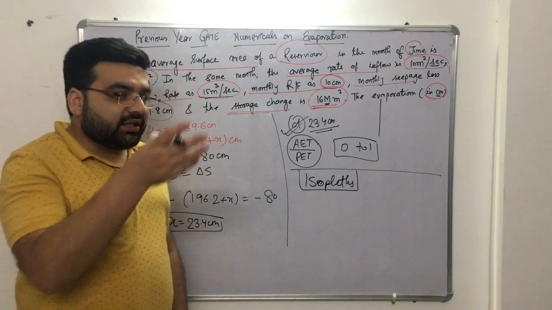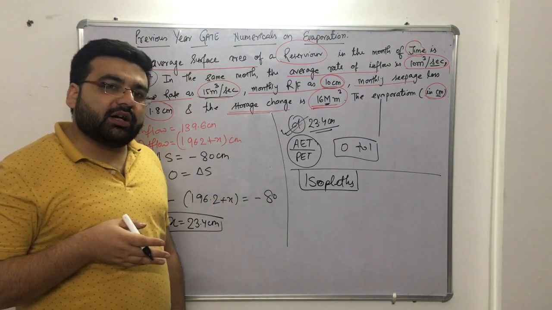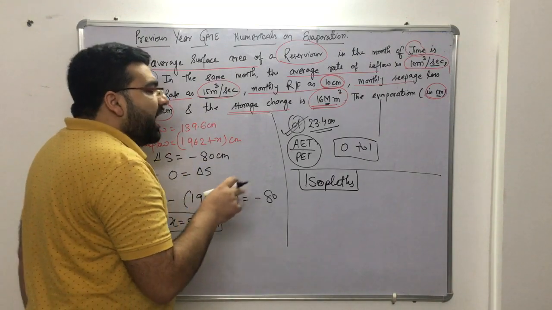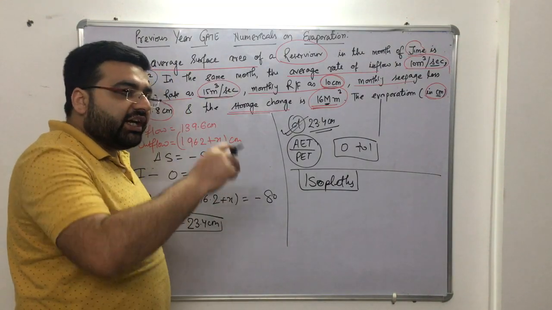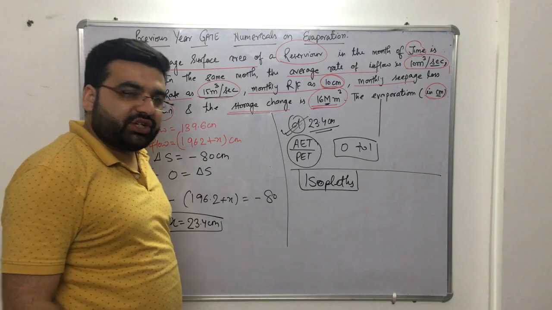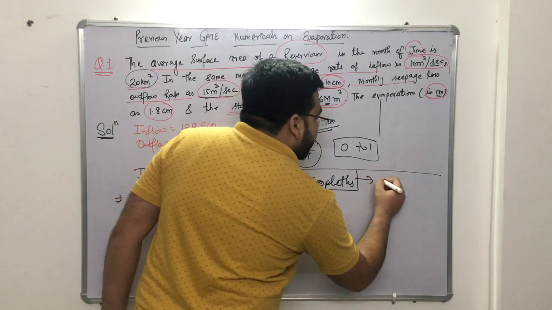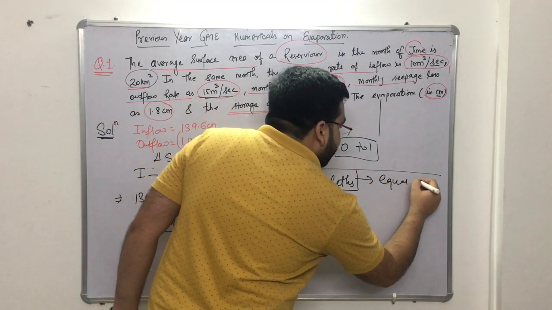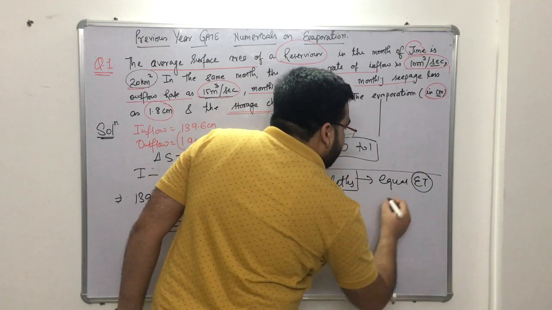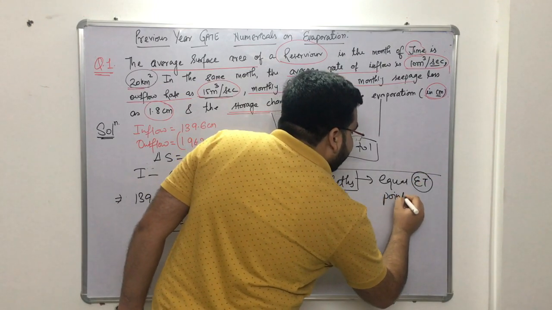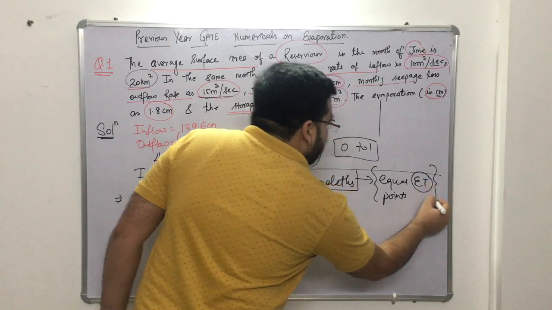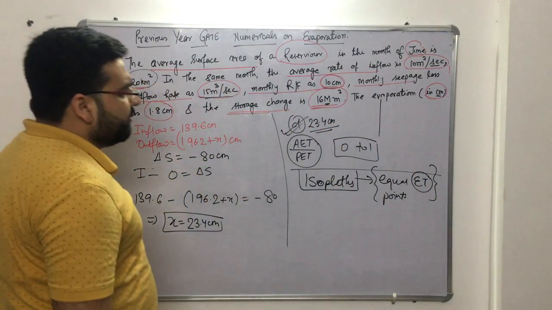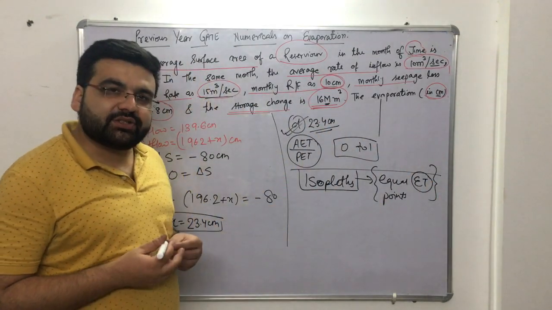What are isohyets? The lines joining equal rainfall stations, right? Isopleths are the lines joining equal evapotranspiration stations. ET means evapotranspiration. So the lines joining equal evapotranspiration points are known as isopleths, right?